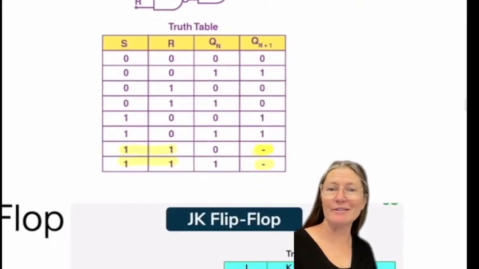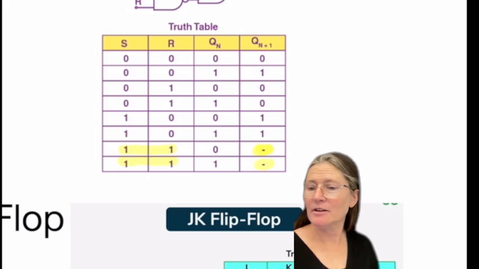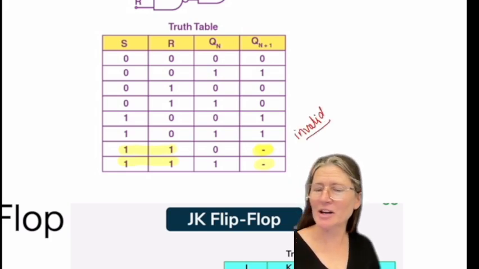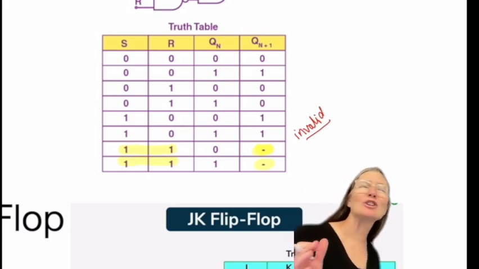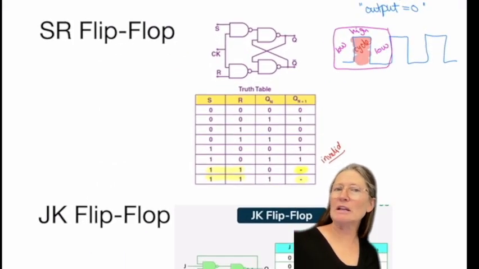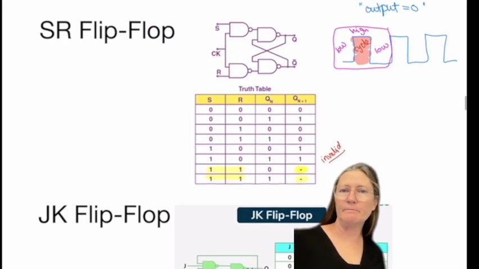So this is called an invalid state. And so a lot of times SRs are not used that much. But when you're building them discretely, SRs are a little bit easier to get to work right.